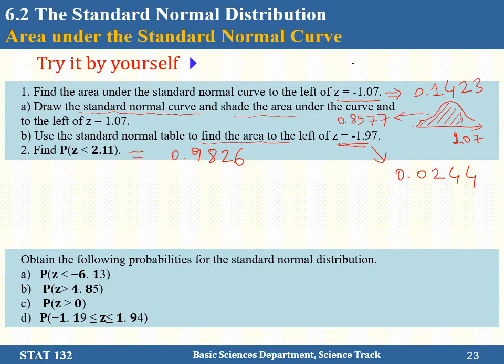Obtain the following probabilities for the standard normal distribution. When you use the table, you will not see -6, because when it goes to large negative values like -6, this area becomes almost zero, and you will not find it on the table.